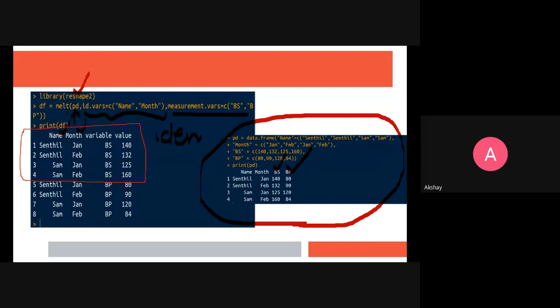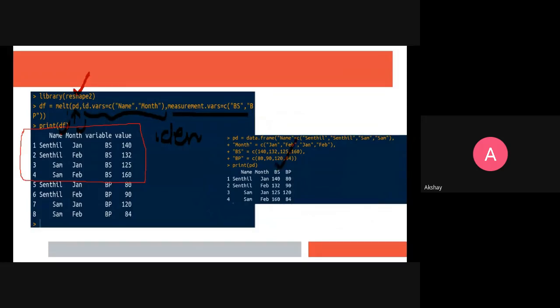Actually, here we are having 4 attributes. Now we are going to convert these 2 columns into a single column. Okay, so first of all, we are using the blood sugar value.